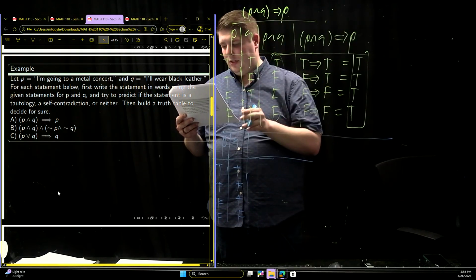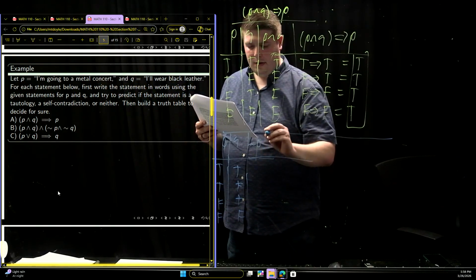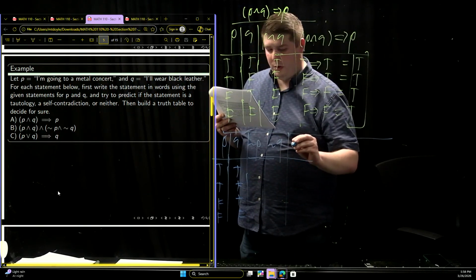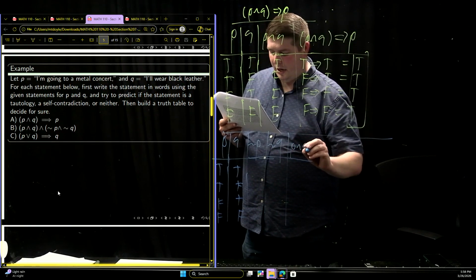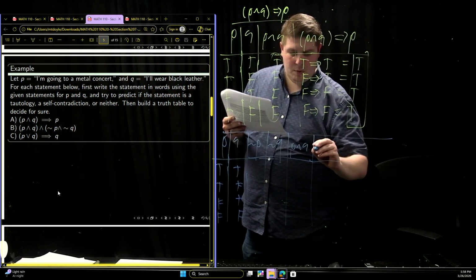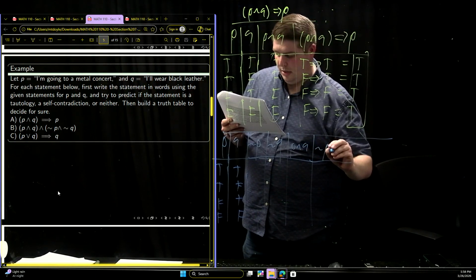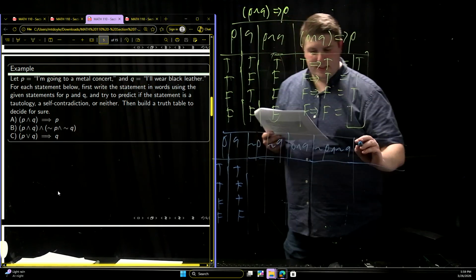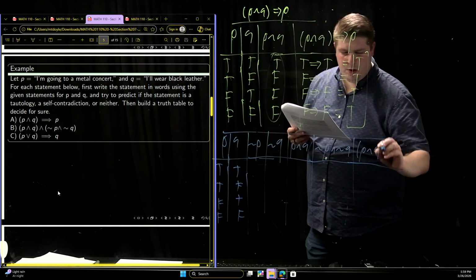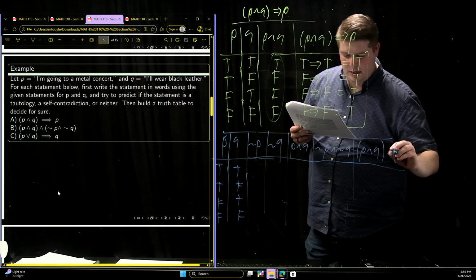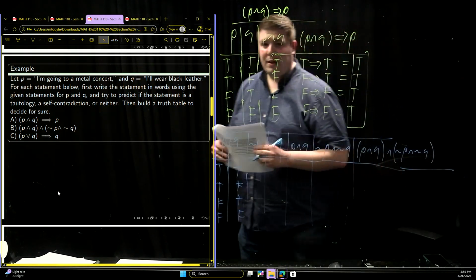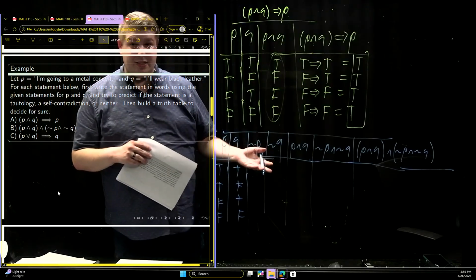So we want to do not P, and then not Q, and then we want to do P and Q, and then we want to do not P and not Q, and then we can finally say the P and Q and not P and not Q. That's how we're going to construct this.